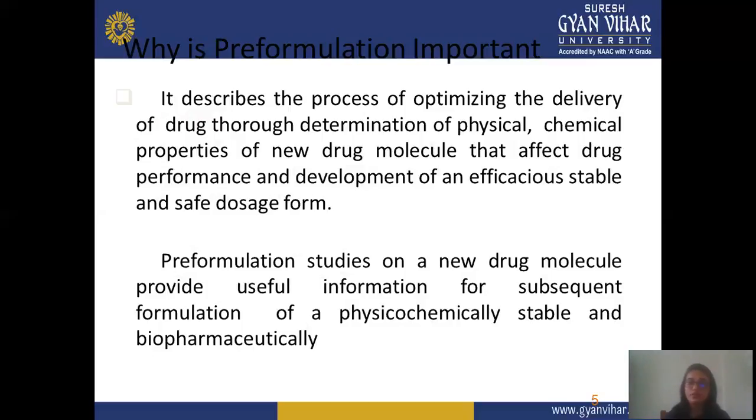Before starting formulation, you confirm that your formulation is okay, shows good physical and chemical properties, does not show any performance issue, and should form a stable and safe dosage form. Overall it is good and ready for formulation, and you just assure all things are okay.